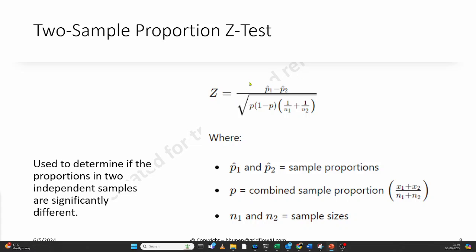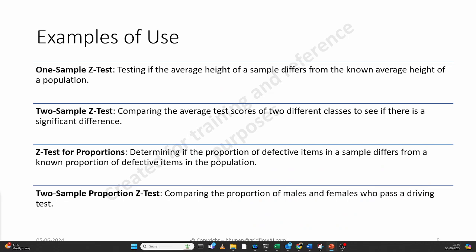Now, all of these formulas are inbuilt into Python implementation. You may want to do manually, or you can use the Python packages to conduct a proper flavor of the z-test. Let's see some examples of z-test.